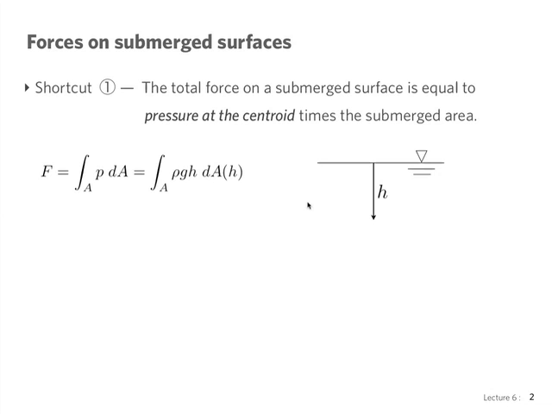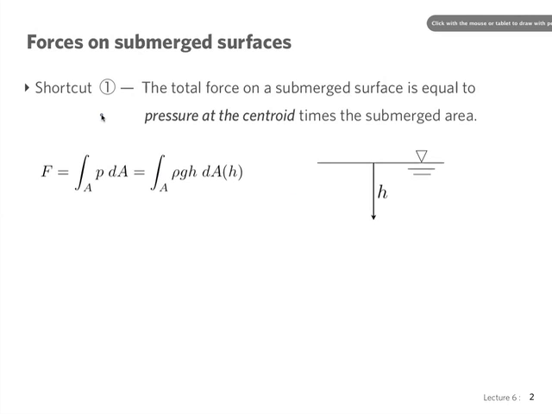So let's go back and look at a few shortcuts to solve these types of problems, because you saw that to calculate the forces on a submerged surface, we really have to do an integral, right? We calculate the integral of the pressure times the differential of area, and so we have to integrate because the area of an inclined or vertical surface will normally depend on the depth, h, being the depth measured from the surface of the liquid.